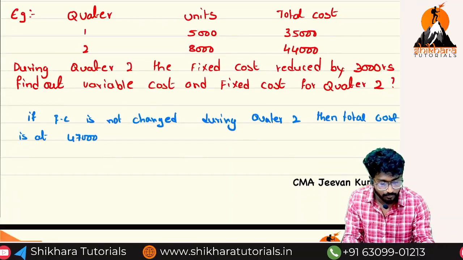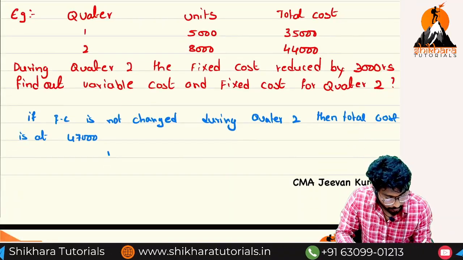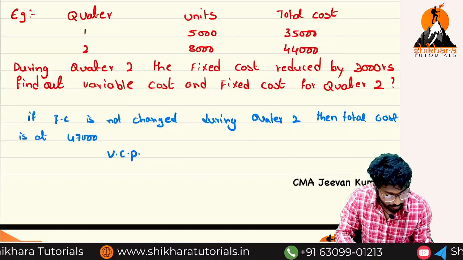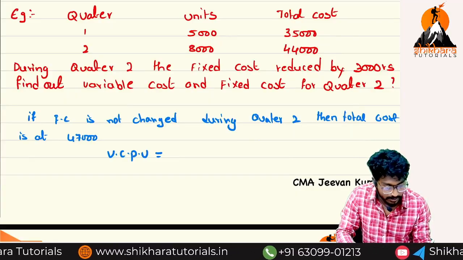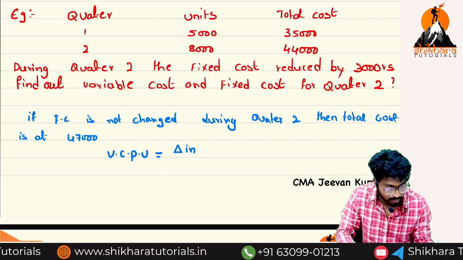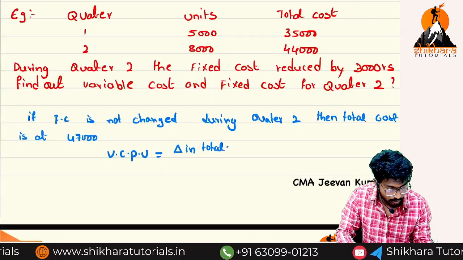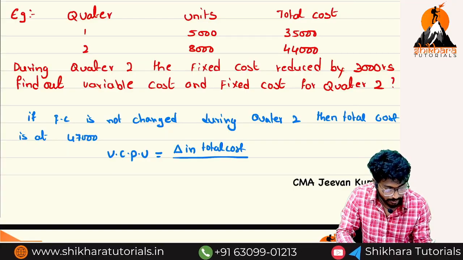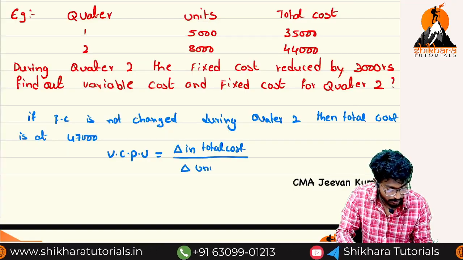That means variable cost per unit is equal to change in total cost divided by change in units.